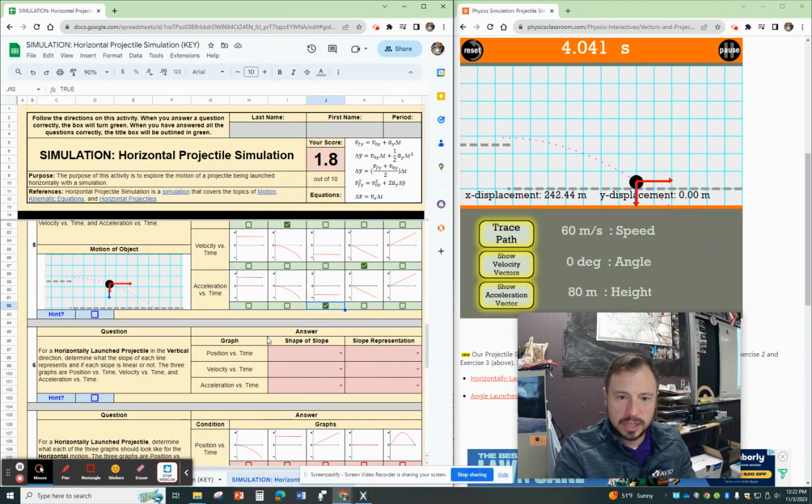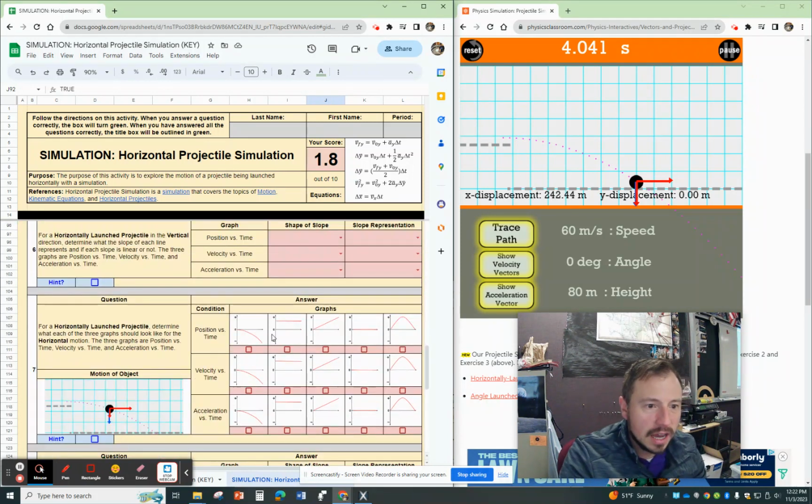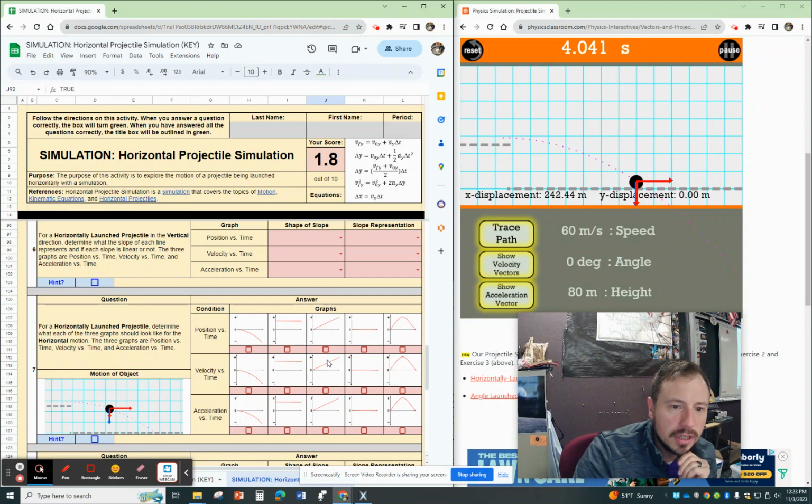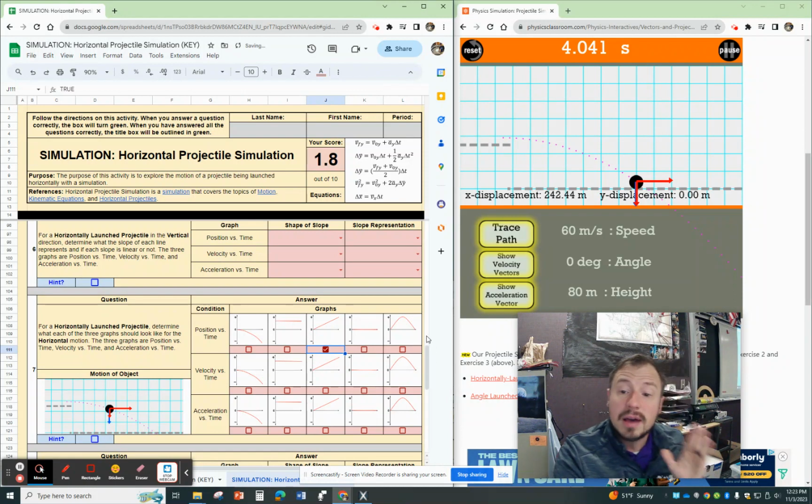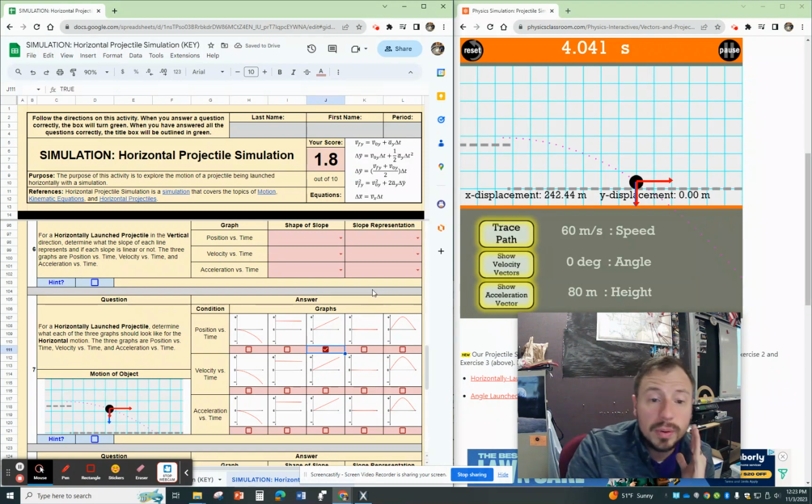So now we've got the horizontal motion, left to right. This one's a little bit tricky. The position versus time graph starts at the origin, and it's going to be moving in the positive direction to the right. It's going to be that center one, because I know the slope of a position versus time graph is the velocity, and it's moving in the positive direction.